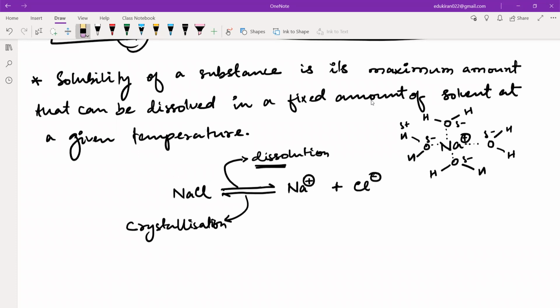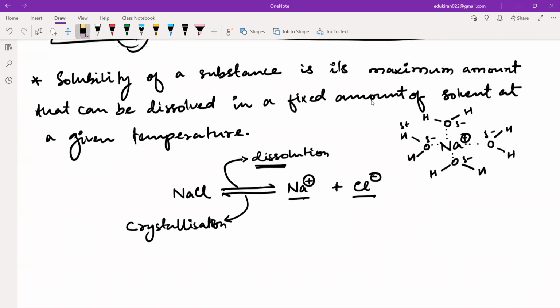But as we keep on adding the salt, NaCl, more and more, what happens? The amount of Na plus and chloride negative gets larger, and surrounding them is getting difficult for water. So you may see some crystallization also happening for some time.